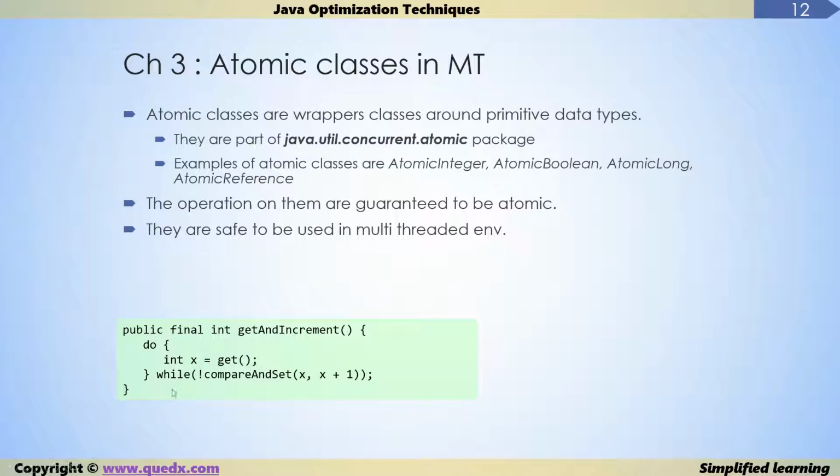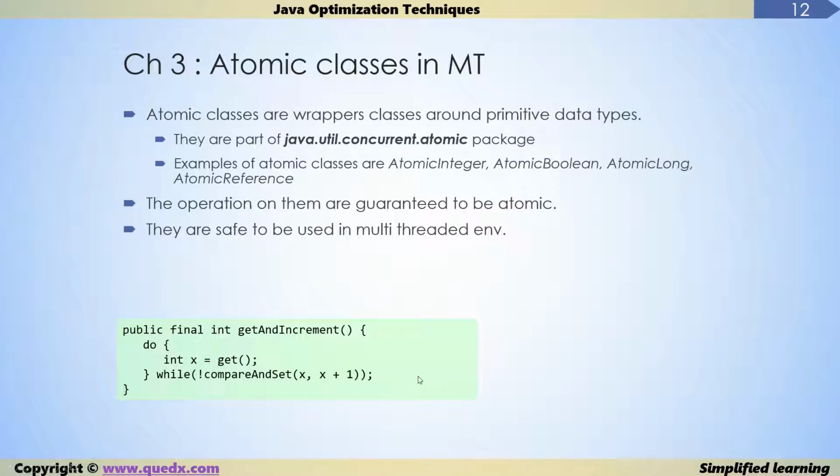So in this case, the loop is going to exit only when it is successfully able to increment the current value to current plus 1. If multiple threads call getAndIncrement, only one will succeed, while others will continue to run in a loop. Hence, this method can be called in a multi-threaded environment without needing locks.